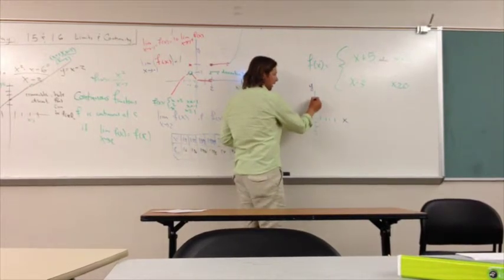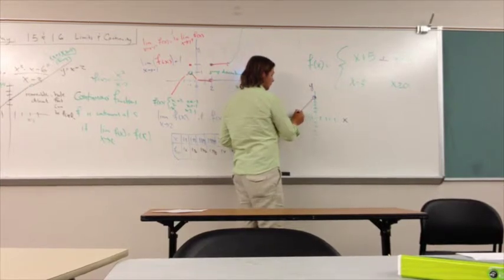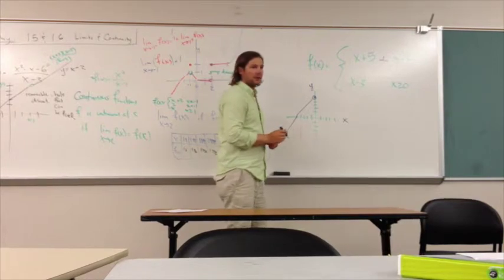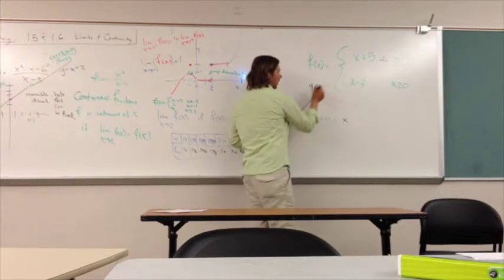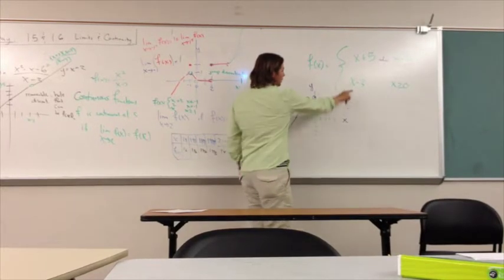You plug in 0, you get 5, and then what? x plus 5. That's that line, right? It would continue on over there, but for some reason I don't care about what happens when x is greater than 0. What about y equals x minus 3?